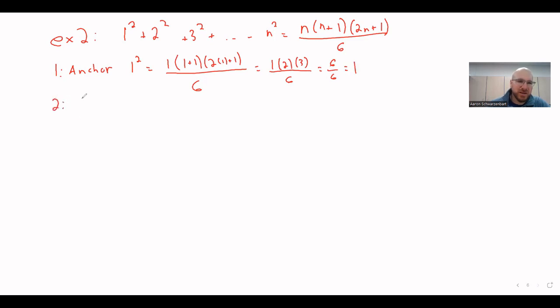My inductive hypothesis, assume, oops, I should have written out, number 2 is inductive hypothesis, I didn't write it out. It's okay, I probably need the space anyways.